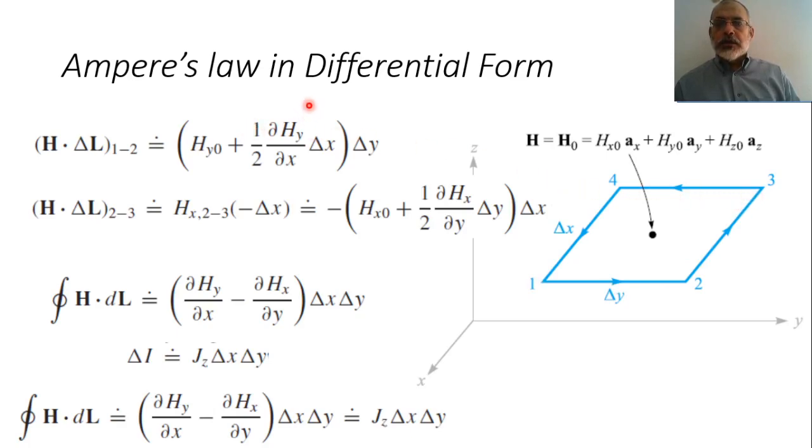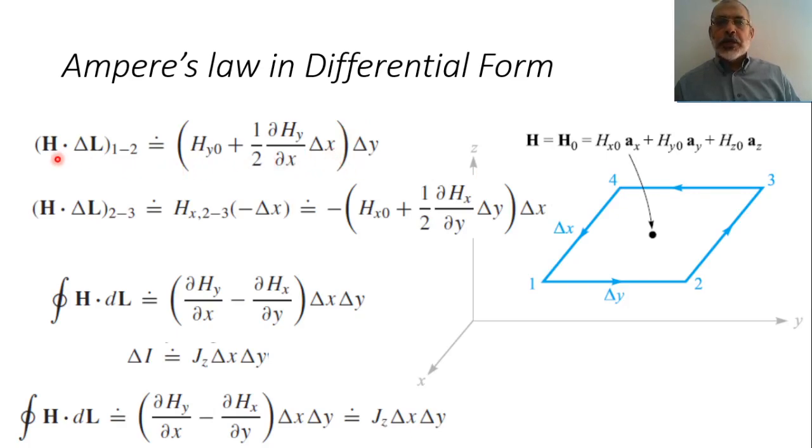But the term half the derivative of Hy with respect to x multiplied by delta x multiplied by delta y is positive from 1 to 2, and from 3 to 4 it is negative multiplied by negative delta y, so it is positive too.